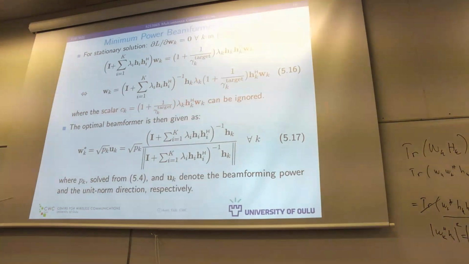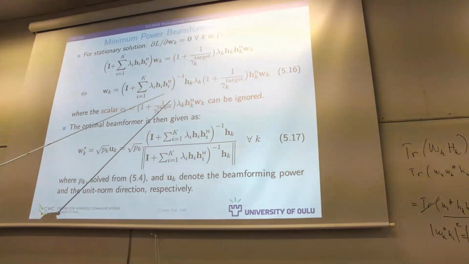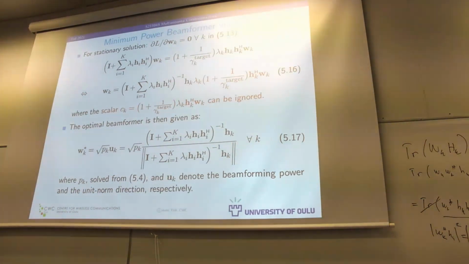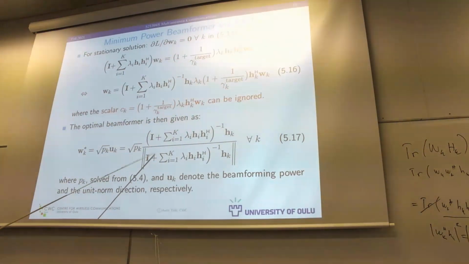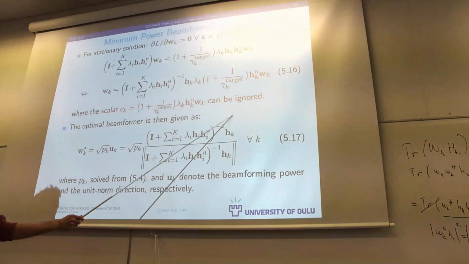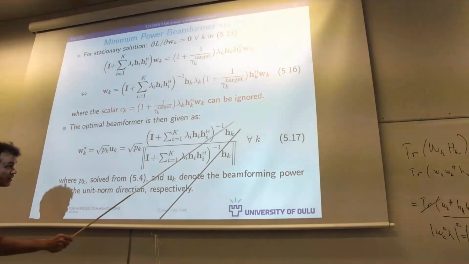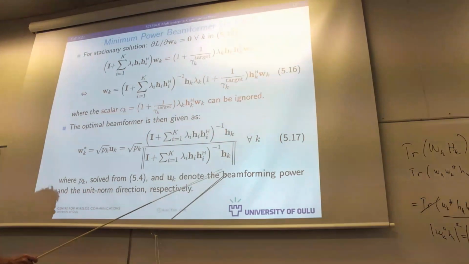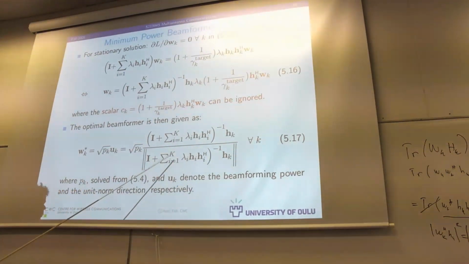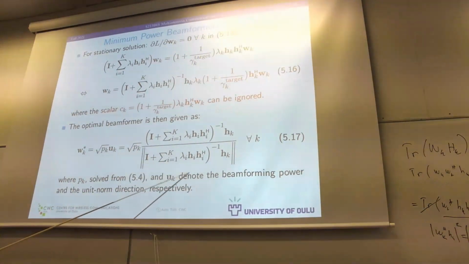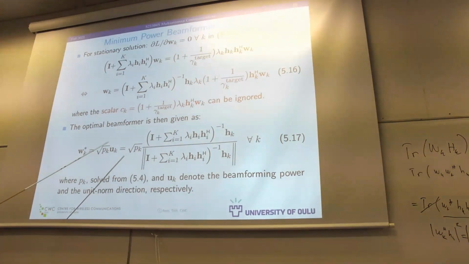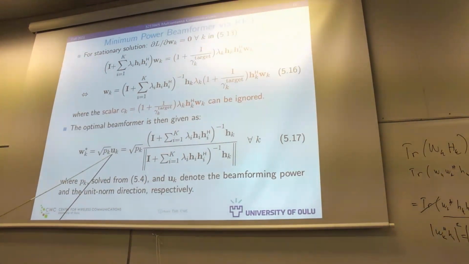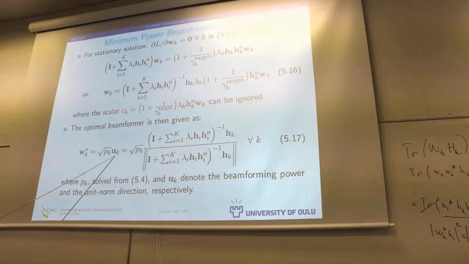But the scalar does not really matter here because if we want to find a normalized beamformer, the scalar vanishes, right? We can just remove it and then find a normalized beamformer, which is the unnormalized part without the scalar divided by the norm, using the 2-norm here, right? So this is now a normalized beamformer. You can call it UK, meaning that the 2-norm of UK is 1. Right?